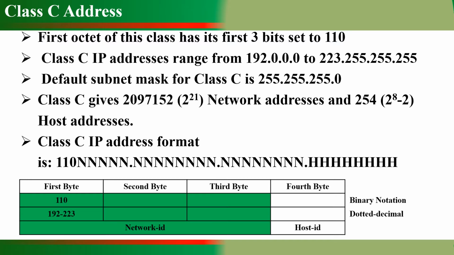IP address format of class C is first 3 bytes represent network ID and last byte represents host ID, while in case of class A, first byte represents network ID and remaining 3 bytes represent host ID. Class C addresses are used by those organizations which require small to medium sized networks. For example, our college uses class C address, small university, small office.